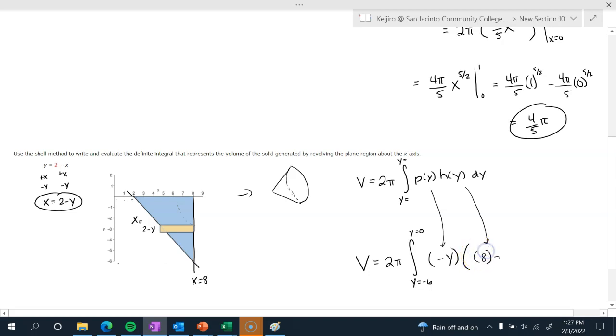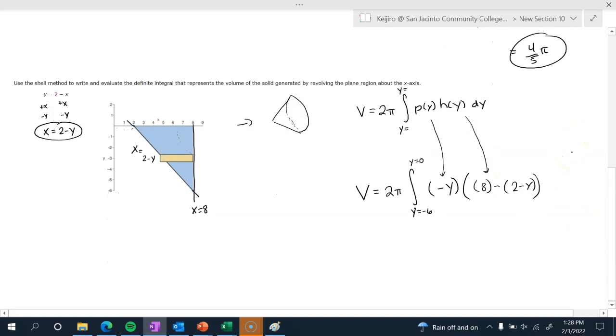So that's 8 minus 2 minus y. So the height of the shell is slightly more complex because it requires you to take these two curves and subtract them. Take the rightmost one to be the first one, and then subtract the leftmost one. The difference between them is the height of that shell.